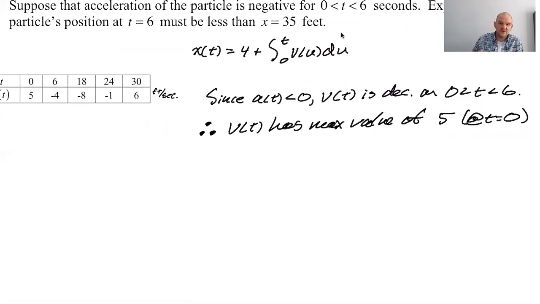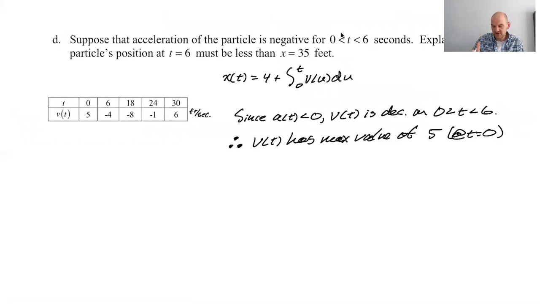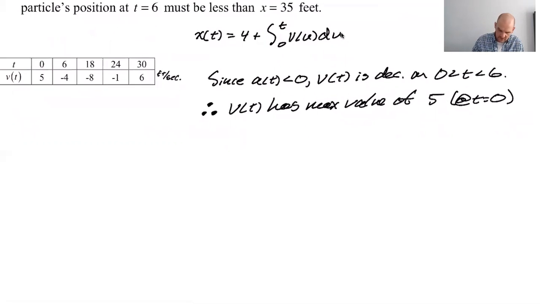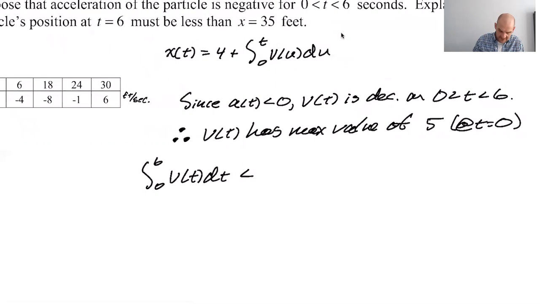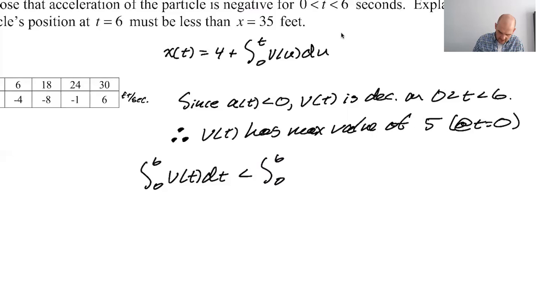So I'm going to see, if the velocity was always 5, would I get to 35? And if not, then when the velocity is less than that, I'm never going to get there. So at this point, I can definitely say that the integral from 0 to 6 of v of t dt is less than, I could say less than or equal to, but it's definitely less than the integral from 0 to 6 of 5 dt, which is equal to 5 times 6, so 30.